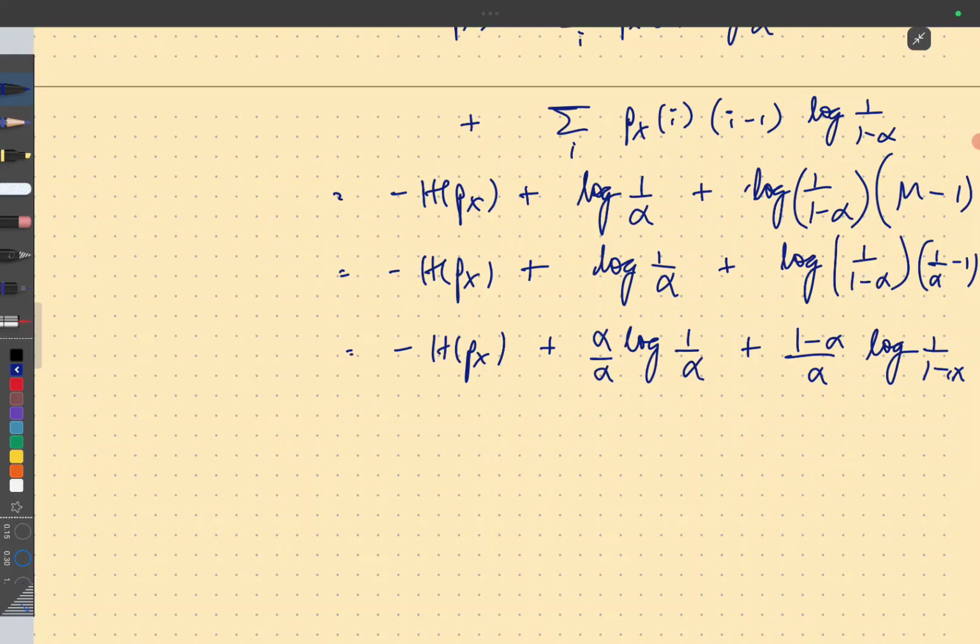And this is equal to alpha by alpha. Right? So this is minus entropy of Px plus 1 by alpha times the binary entropy of a Bernoulli random variable with parameter alpha.